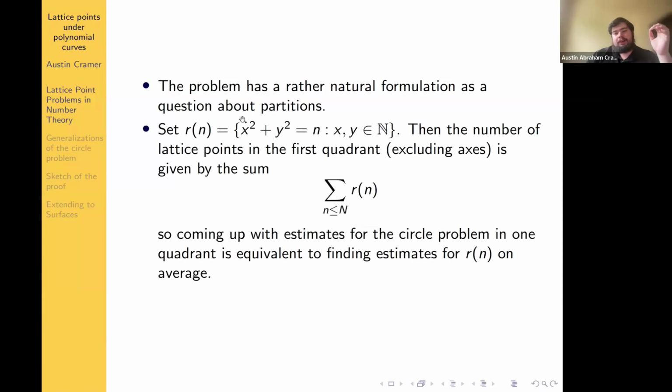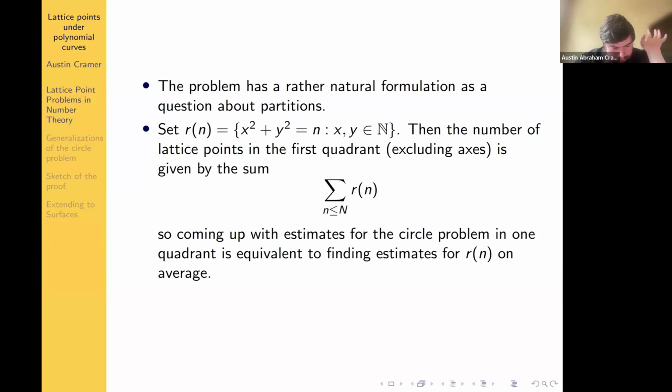So if I let r(n) be the number of ways of writing n as a sum of two squares, x squared and y squared, where x and y both lie in the natural numbers, then the number of lattice points in the first quadrant is just the sum of r(n) up to the capital N, where our circle has radius root N. Okay, because anytime we take some x squared plus y squared less than that, it's going to give us a way of writing some integer less than that. So if we come up with an estimate for the circle problem in one quadrant, then that's the same for an average of r(n).